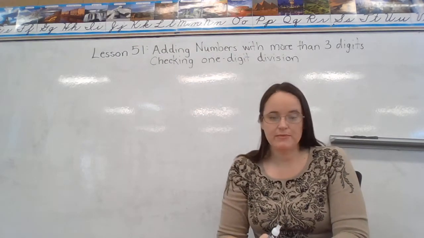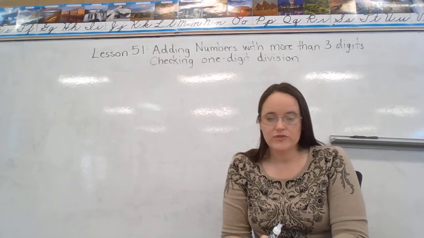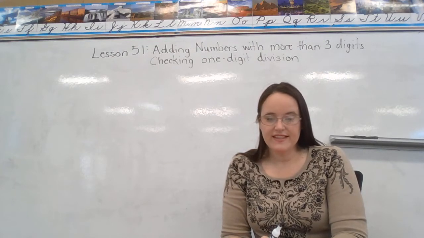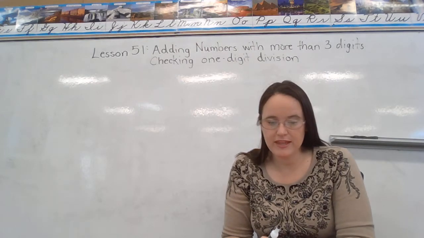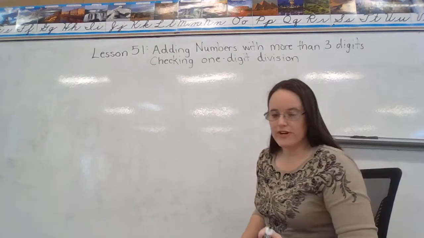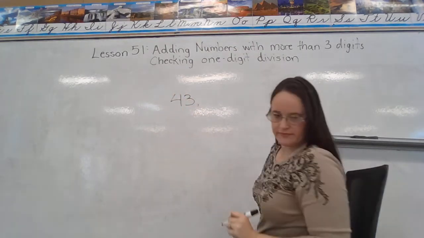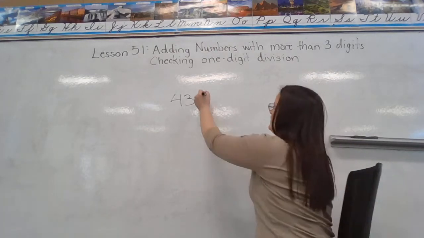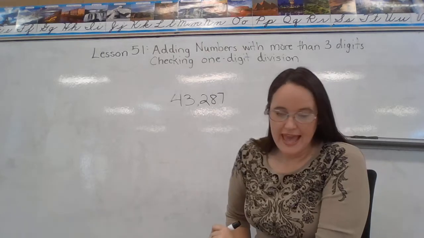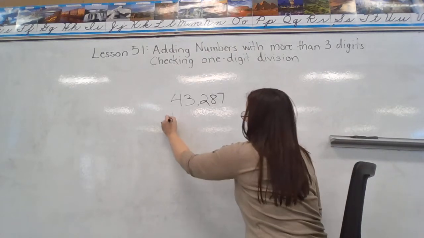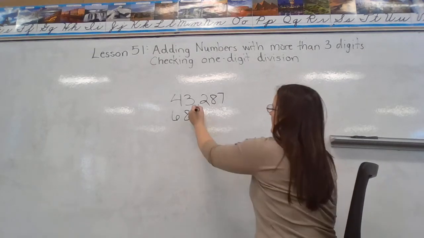So our first example this morning is a word problem. It says a park ranger used a measuring wheel to find the length of trails in the park. 2 routes to a lake from the campground measured 43,287 feet and 68,595 feet.